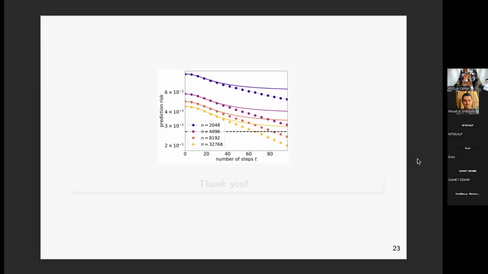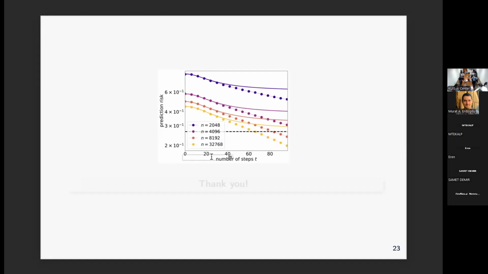For example, you see that my theoretical prediction is the solid curves, and these dots correspond to the empirical performance of a two-layer neural network. The x-axis is the number of iterations. My prediction in these theorems works very well if the number of iterations is small.